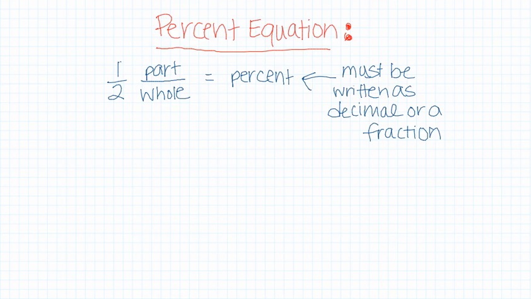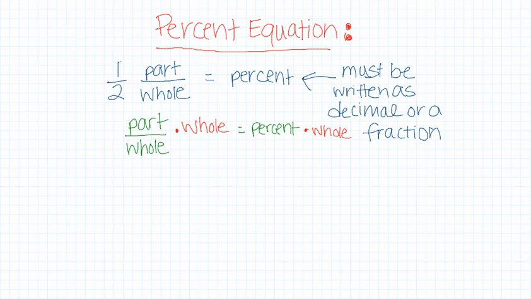So we're going to take our part over our whole and multiply it by a whole, and whatever we do to one side, we must do to the other side. So that equals our percent multiplied by a whole.